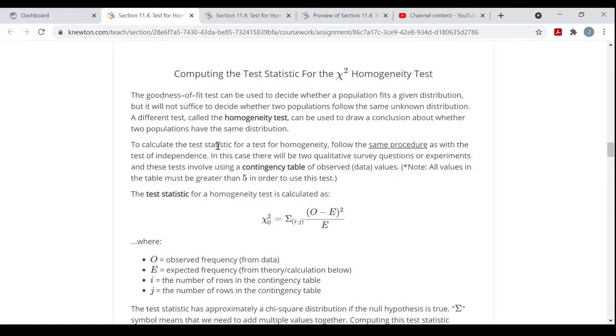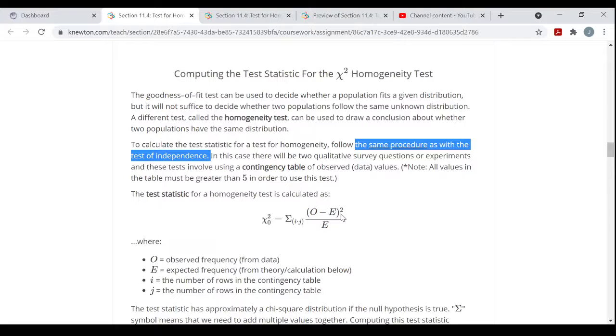To calculate the test statistic for a test for homogeneity, follow the same procedure as with the test for independence. So again, you saw this before. It's the same sum down here. You have these observed counts in each cell of a contingency table, minus the expected frequencies.